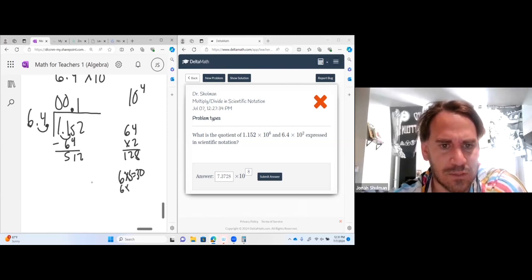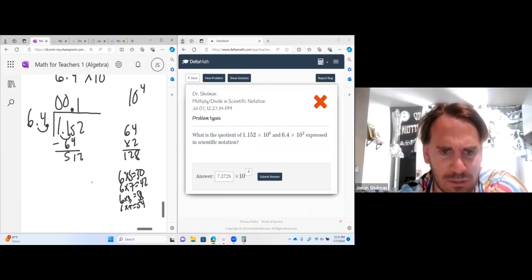Nope. 6 times 7 is 42. 6 times 8 is 48. And 6 times 9 is 54. So it's going to be 6 times 8, which should be 48. I don't know why I wrote a 50. So there it is, 48.